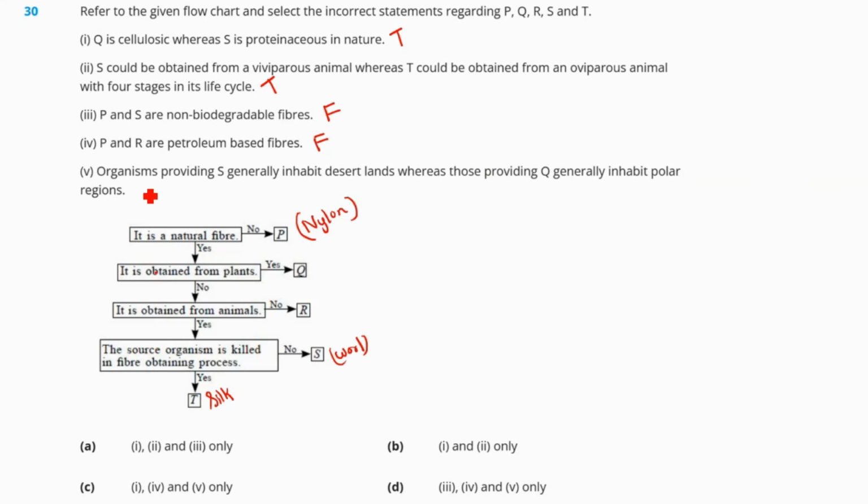This is completely wrong, because sheep do not belong to desert lands particularly. They are available in cold regions and mountainous regions also. So this is a wrong statement. So our wrong statements are 3, 4 and 5. So our right answer is option number D.